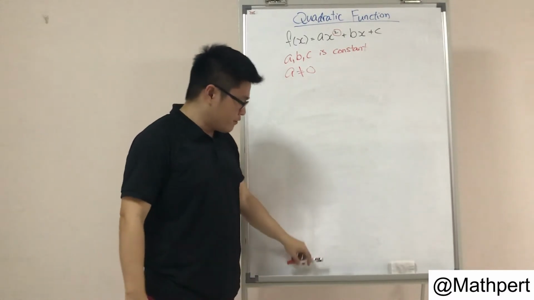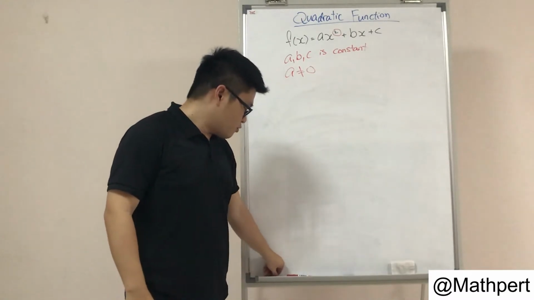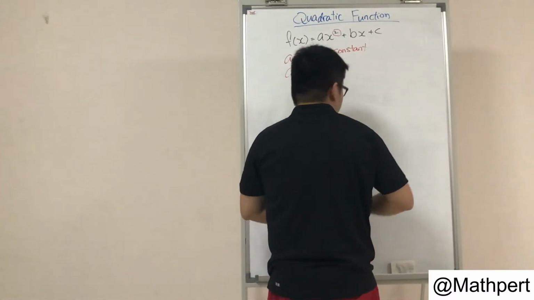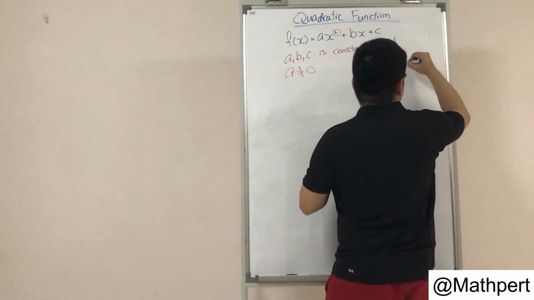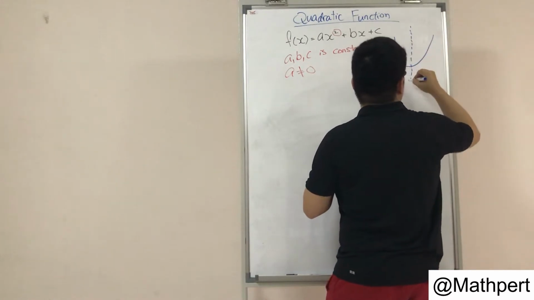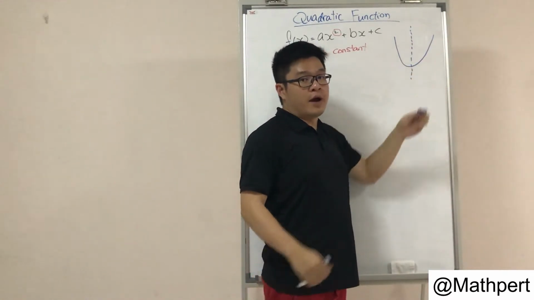And the graph for the quadratic function is a smooth symmetrical curve. What does that mean? It means a smooth curve where the left hand side is symmetrical to the right hand side.